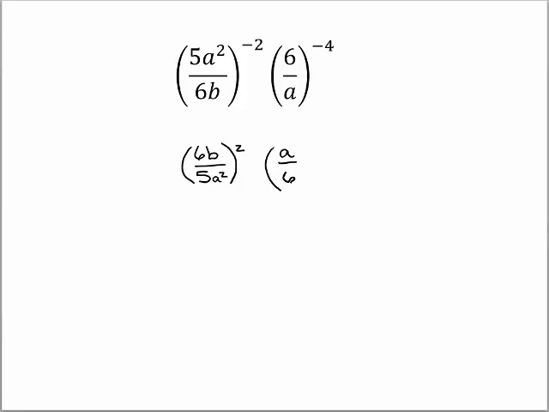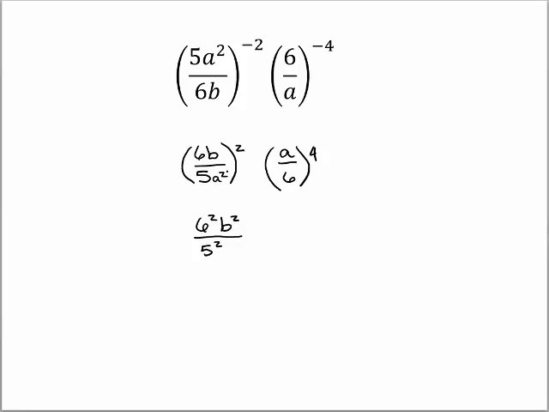A to the 6th raised to the 4th. All right, now, what are we going to do with this? Let's simplify it out. We have 6 squared, and we have b squared over 5 squared.